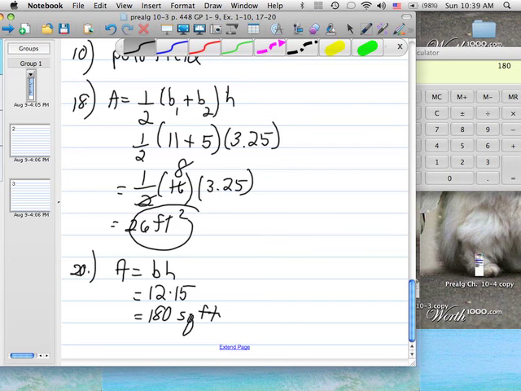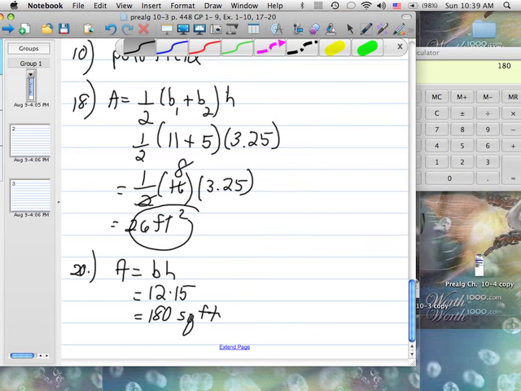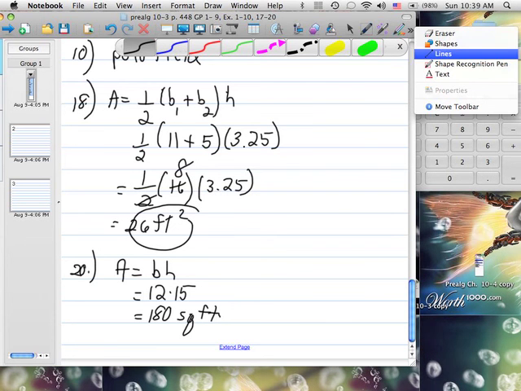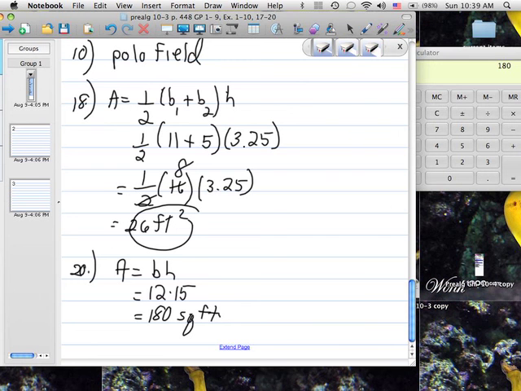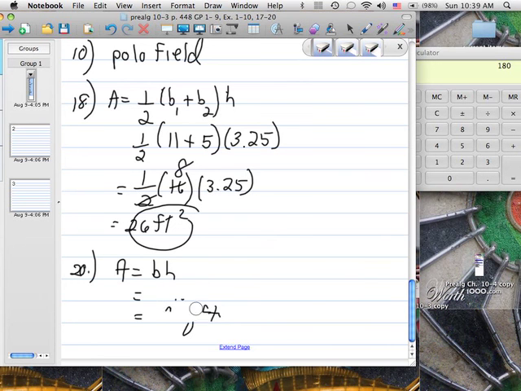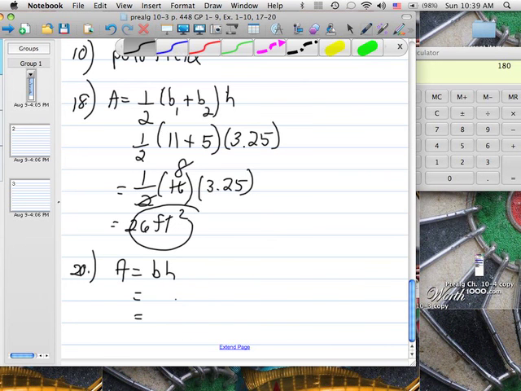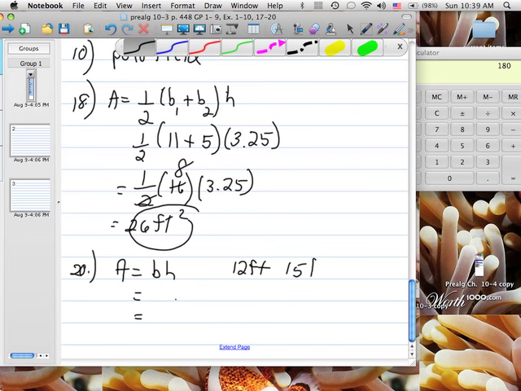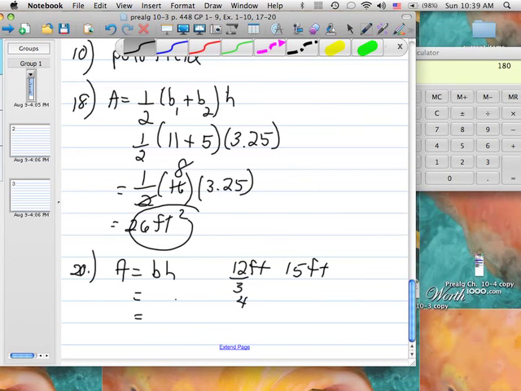So maybe we need to go back and change those into yards. We could also figure out how many square feet are in a square yard. But we'll go back and change it to yards. I think it might be a little bit easier. So we have 12 feet by 15 feet, and we know that 3 feet make a yard. So if we divide this by 3, that's 4 yards, and this by 3, that's 5 yards.